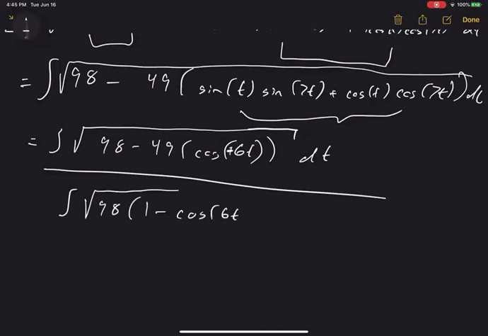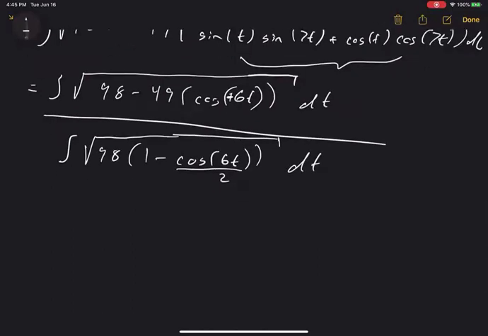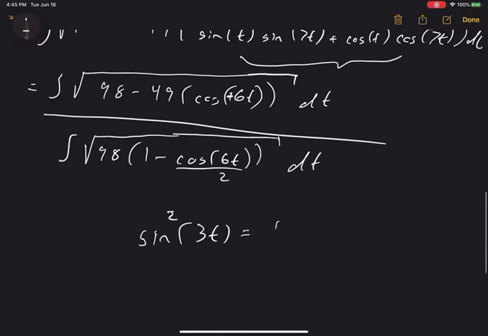Let's leave this positive 6t in there. 1 minus cosine of 6t over 2. And maybe this looks familiar. I can undo this with the half angle identity. Remember, think about it backwards. What's sine squared of 3t? Use the double angle identity. That's 1/2 times 1 minus cosine of 6t, right?